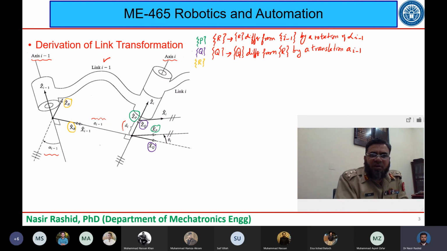And now let's see what about frame P. So about frame P, here we have frame P, which is marked in green.